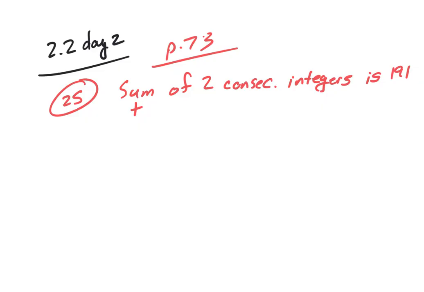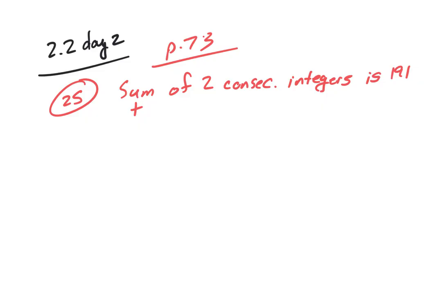What type of number is an integer? Can we have a decimal? Nope, no decimals. Can we have a fraction? No. Can we have a negative? Possibly, okay. Probably not in this case because that has to add up to be 191.